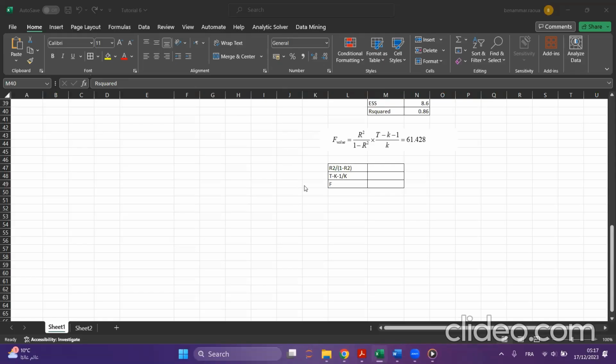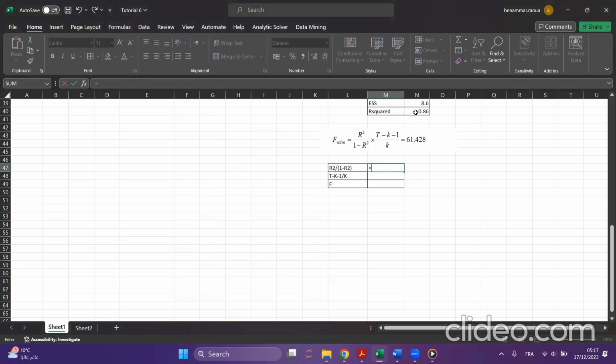So we go back to Excel to calculate the F value using this formula. So let's start by this part, r squared over 1 minus r squared. So it's equal to 0.86 over 1 minus 0.86. The second part is t minus k minus 1 over k.